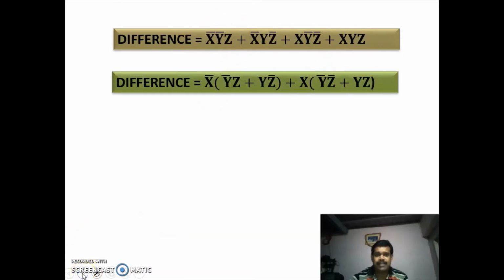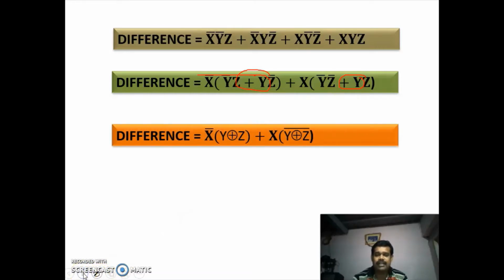From the first two terms, x bar is common, so we take x bar common, and from the third and fourth terms x is common. So this expression is similar to the expression of XOR, and this is similar to the expression of XNOR.